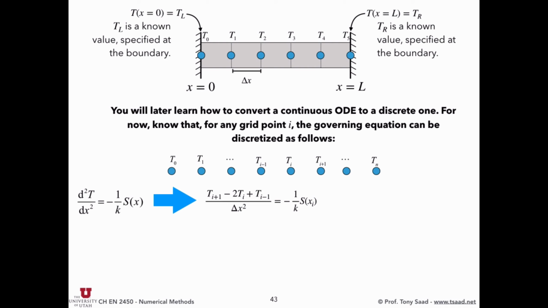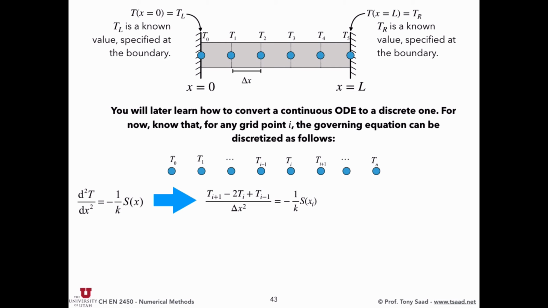At the end of the semester, you will know how to do this, but know that we can do this. Notice the second derivative at point i is converted into a linear relation between Ti plus 1, Ti, and Ti minus 1. And there's the delta x squared, and minus 1 over k, and there's this source term at point xi. We'll talk about this in a second.